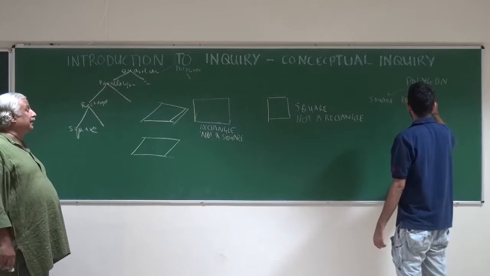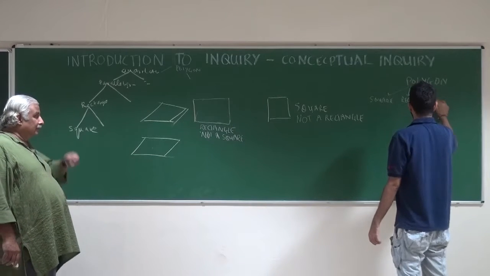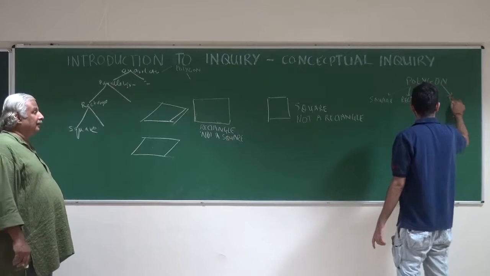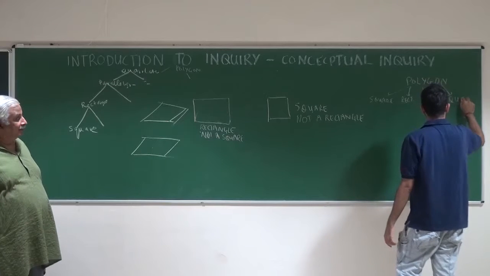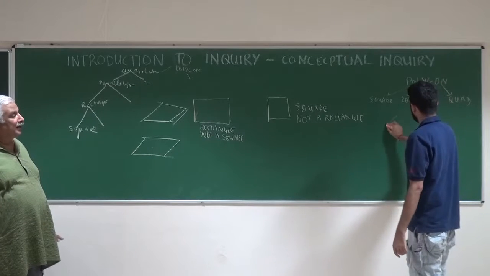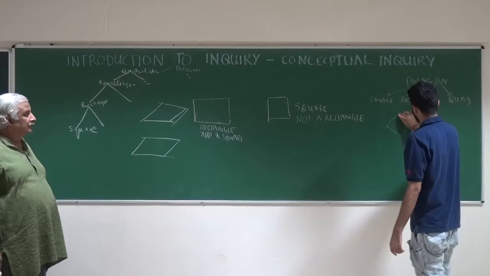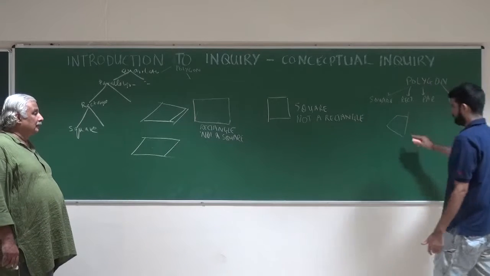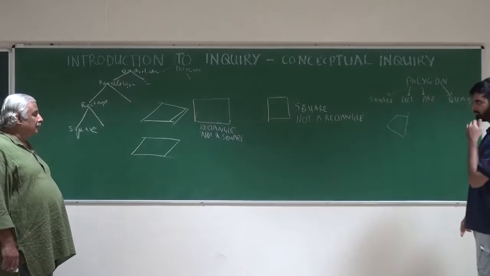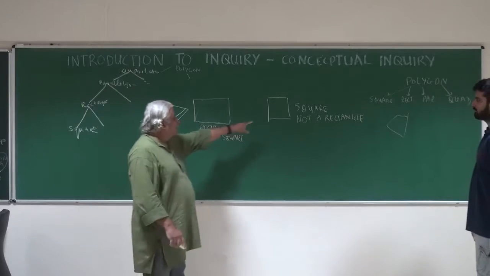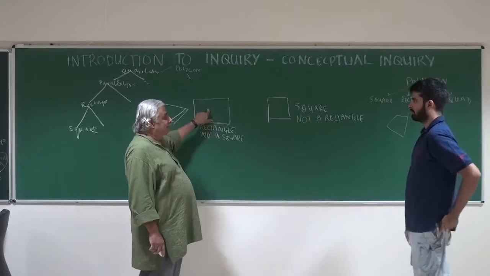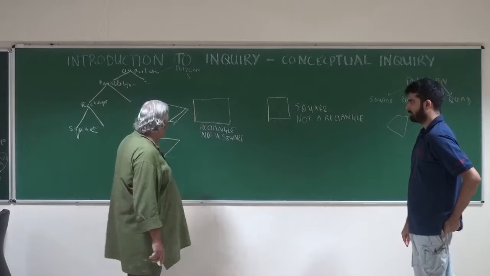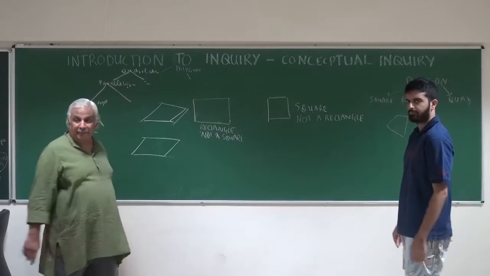So then a square is not a rectangle. That means they're all distinct. So a rectangle is not a parallelogram. A quadrilateral would be something like this, because it's neither of the others. So this is not a quadrilateral. No. This is not a quadrilateral. No. This is not a quadrilateral.